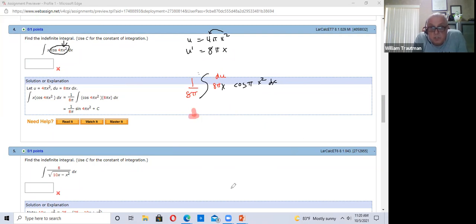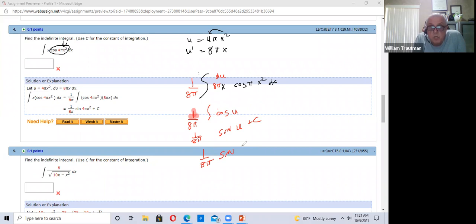So we are integrating cosine of u, and integrating cosine of u is the sine of u. It's 1 over 8 pi sine of u plus c, and then change the u back to whatever we had.